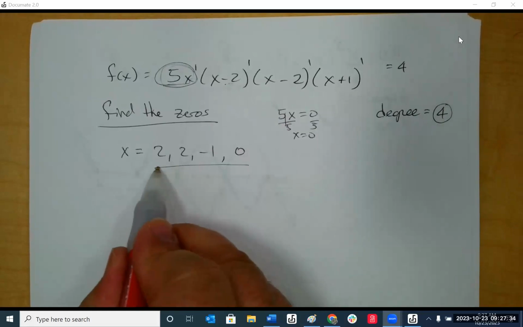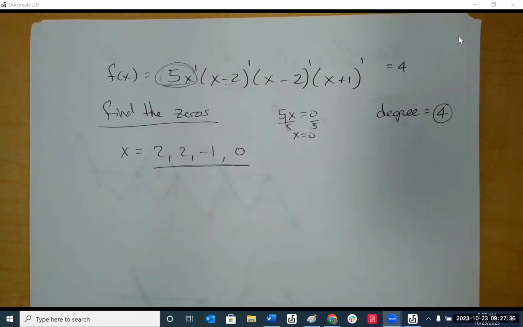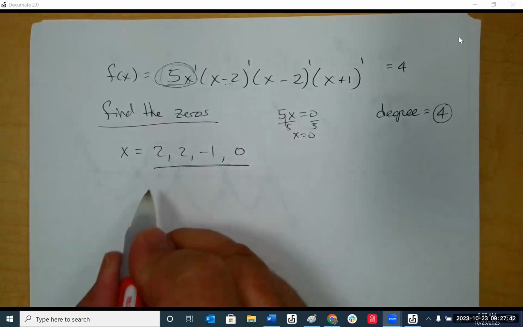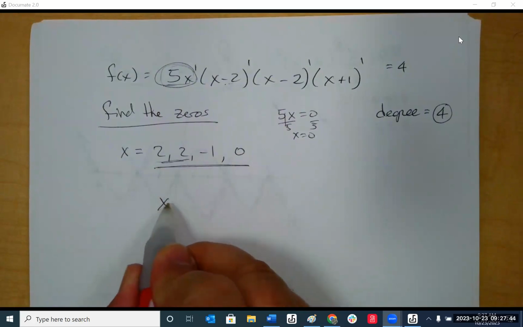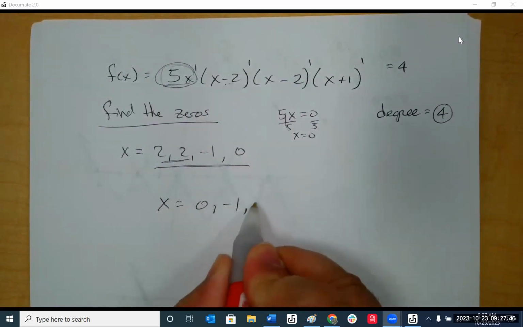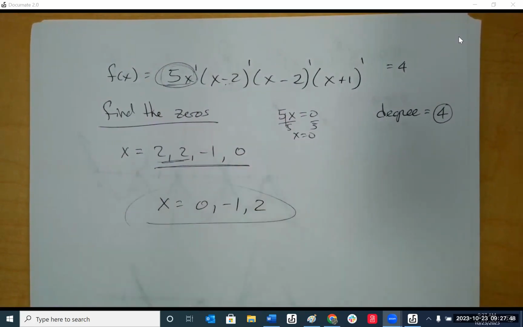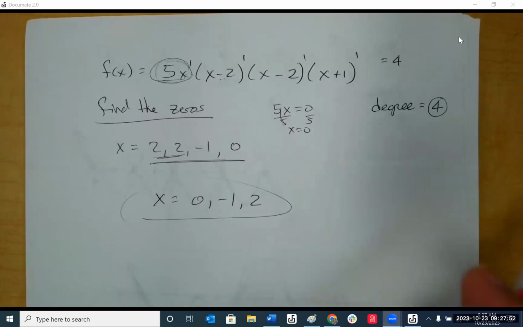The degree tells us how many solutions we're supposed to have. Even though these are both the same, we only have 3. So the degree tells us how many answers we're supposed to have at the end.